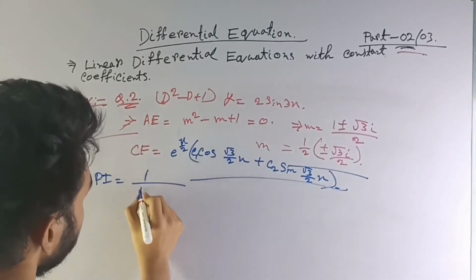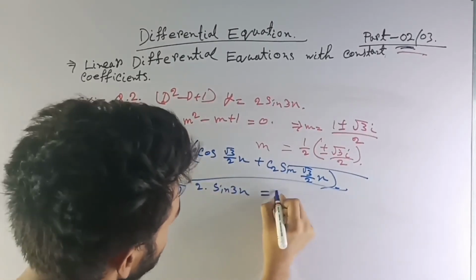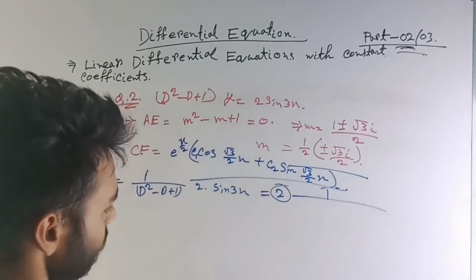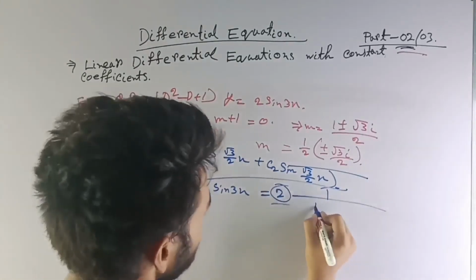Now PI equals 1 by (D² − D + 1) times 2 cos 3x, where 2 is a constant term.